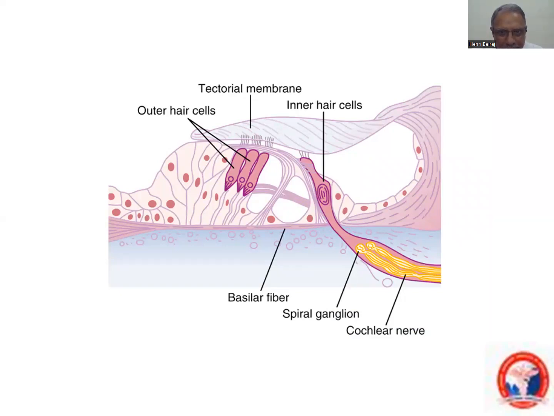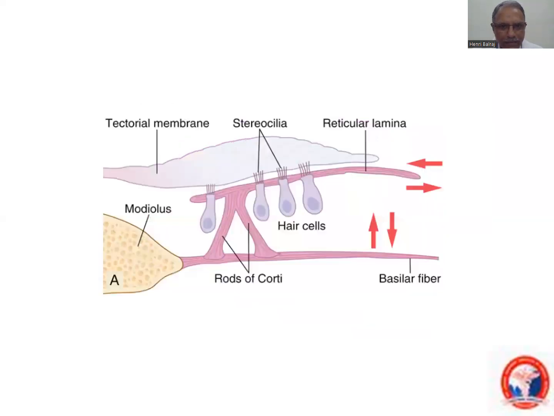It is embedded in the tectorial membrane. So the basilar membrane by its displacement moves up and down, and the reticular lamina, which holds the hair cells, and the stereocilia of the hair cells are fixed to the tectorial membrane.